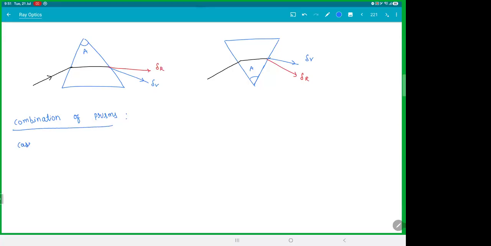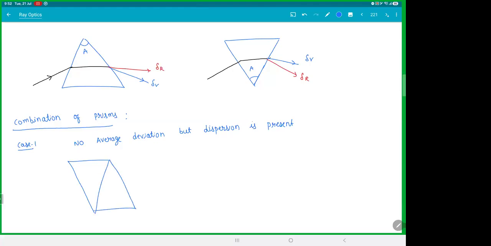Case 1, no average deviation, but there's a dispersion. So what this thing says is, if you take these two prisms, let this prism be A dash and let this prism be A. And now when you send a white light through this, it does split a bit.